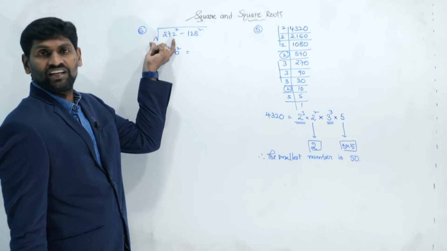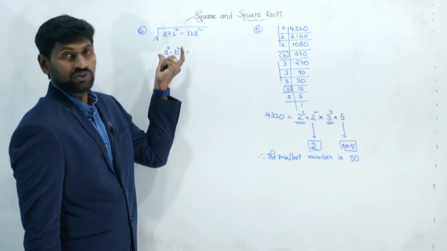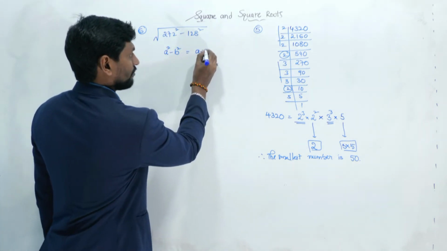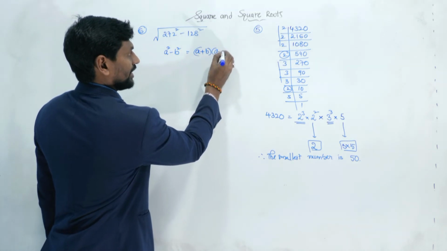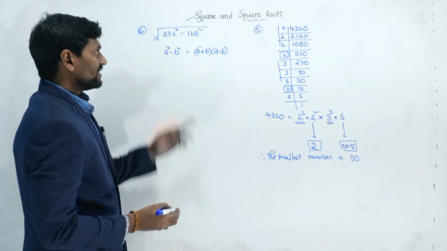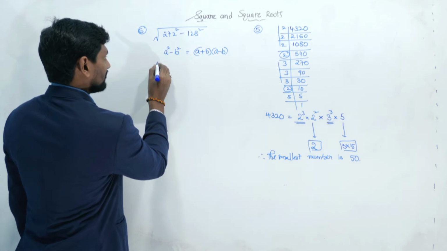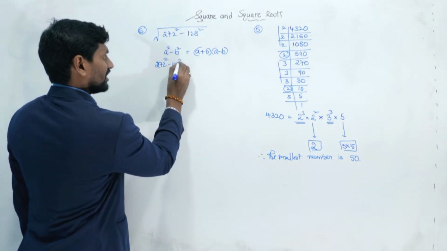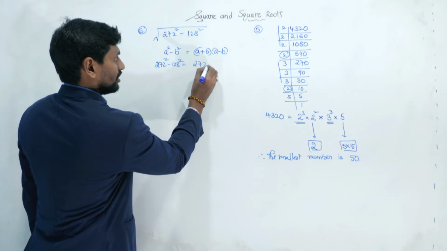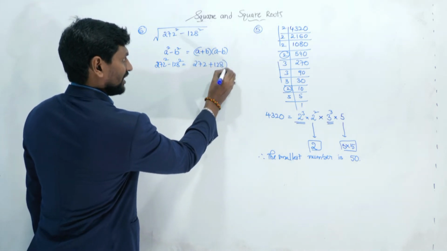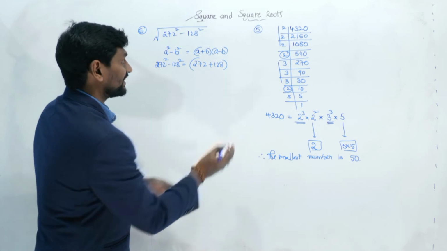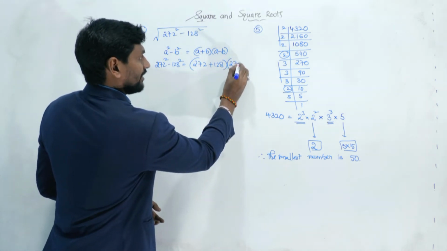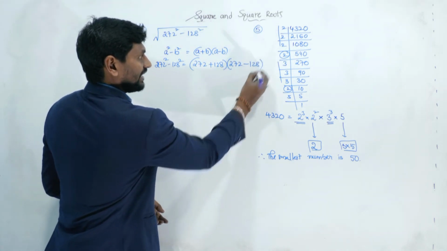First one a square, second one b square. A square minus b square formula is a plus b into a minus b. Same way, let us find this value. 272 square minus 128 square is equal to, I can write 272 plus 128, a plus b, next a minus b, 272 minus 128.